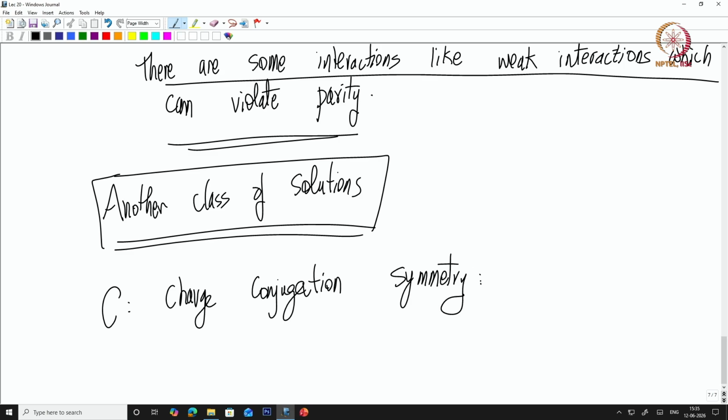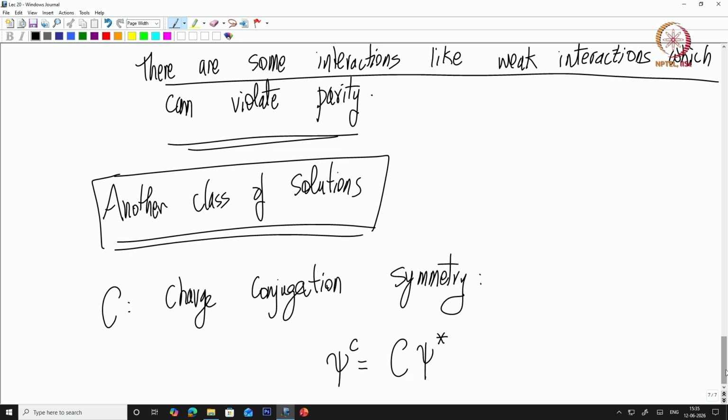So, what does it do? Psi C is equal to C psi star. So, okay, I did not come to the solutions. What it does, this charge conjugation symmetry.